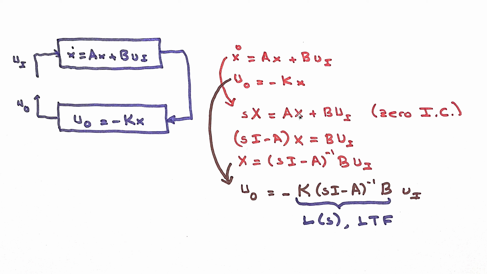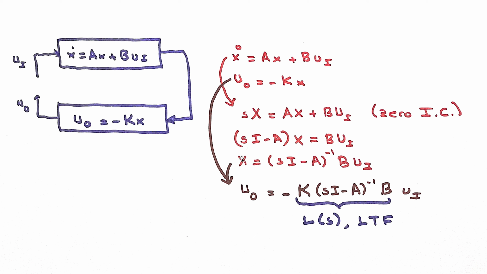Or you can send this term to the left. You can group things like this: (sI minus A) multiplied by X equals BU_i. Be careful, you are dealing with vectors and matrices, so their order matters a lot. And then X you can calculate as (sI minus A) inverse B U_i.